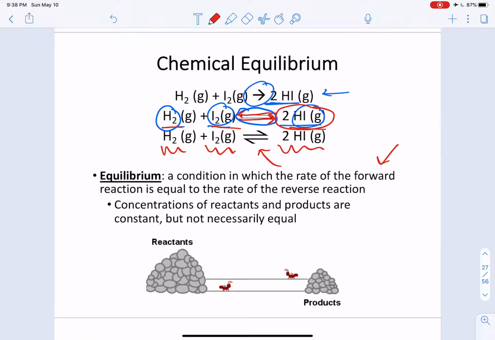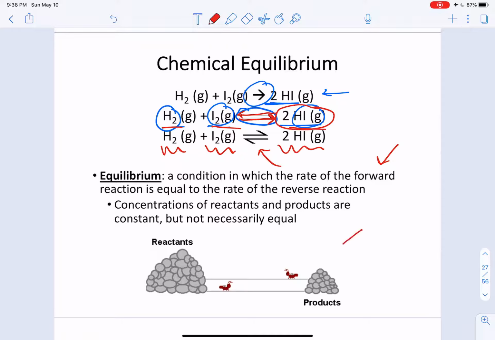And if an H2 finds an I2 and they get together and produce a couple of HIs at the same rate, a couple of HIs will find each other and go backwards and make an H2 and an I2. So again, the concentrations of reactants and products are constant once we reach equilibrium, but it doesn't mean that they're equal.